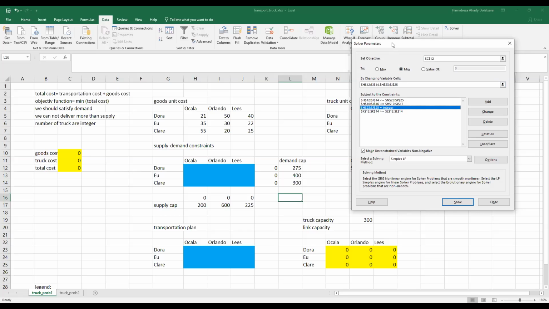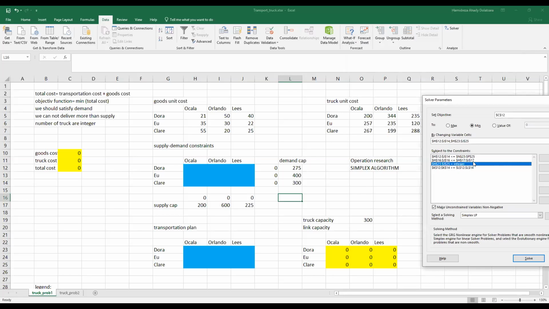Okay, let me just, so if you look at this yellow rectangle here, it's the multiplication of trucks by the capacity, 300, right?